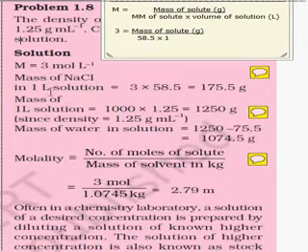Mass of NaCl in 1 liter solution. Now we know molarity is equal to mass of solute upon molar mass into volume of solution in liter. So here if we take 1 liter solution, so here we will have 1 and molar mass of NaCl, which is the solute, will be 58.5.